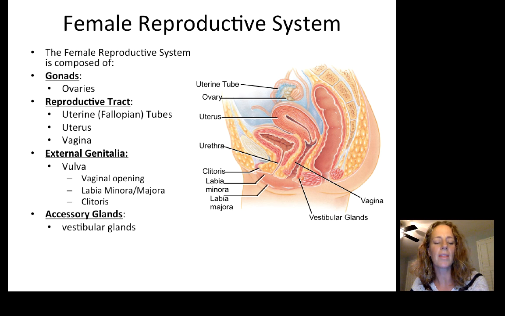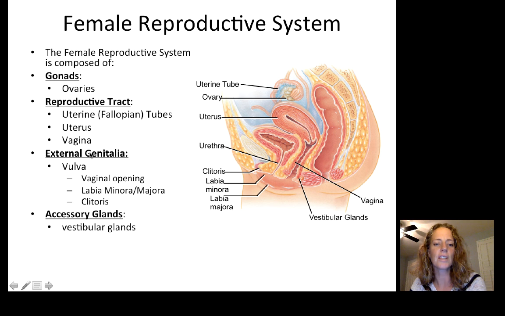They will be caught by the uterine or fallopian tubes, enter the uterus, and then if no fertilization occurs and no baby is grown, then the process every month will be shed, and the uterine lining will be shed out of the vagina. So the reverse is also true for fertilization. During the process of fertilization, sperm will enter the vagina, travel up the uterus, and up the uterine tubes, and wait for an egg to be fertilized.